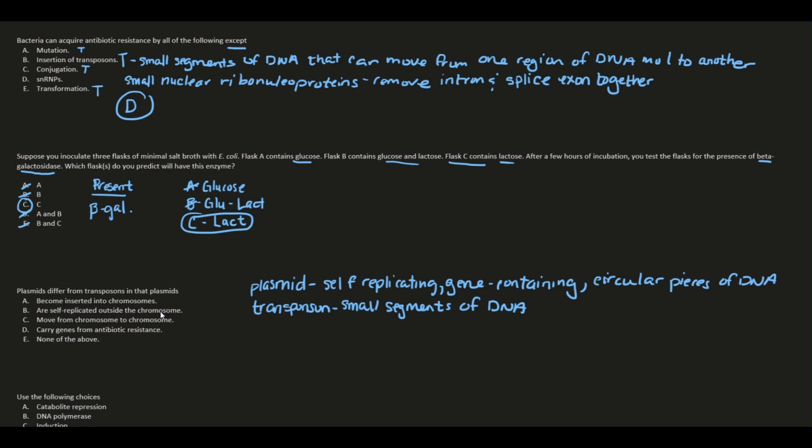Well, we know from our definition that a plasmid is a self-replicating, gene-containing, circular piece of DNA. And we see that here in B, are self-replicated outside the chromosome. So that would be our answer, B.